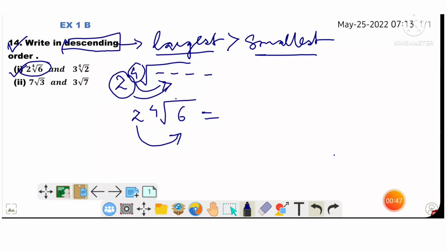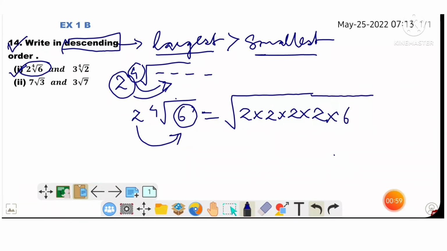So you can write inside the root 2 into 2 into 2 and 1 6 is already there. So 4 2s and 1 6. And you could have written 6 as 2 into 3, but since it is a fourth root, we'll need only 4 2s, so we'll keep 6 as it is.